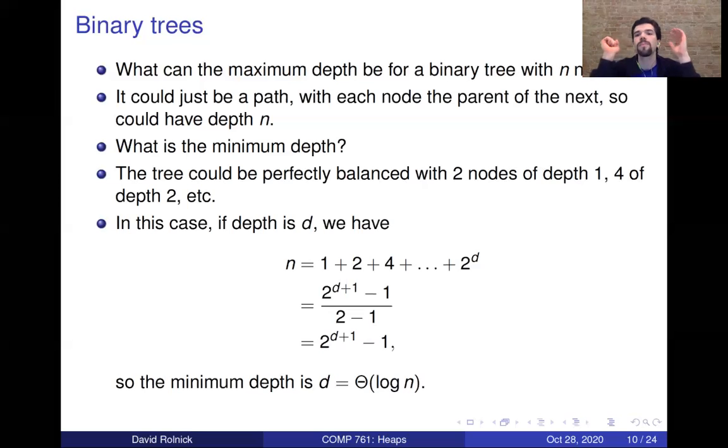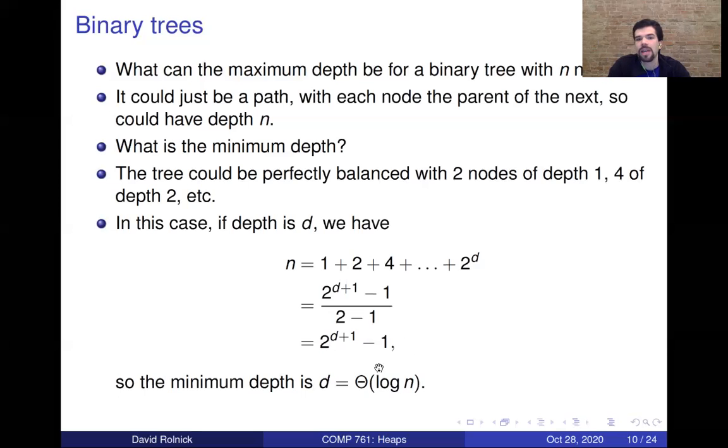Okay. So the exact expression should be log n plus 1 minus 1, is a question. You need to deal with floor functions, because not everything's an integer unless it's a power of 2. But this is just so we don't have to worry about whether it's a power of 2 or not. Theta of log n.